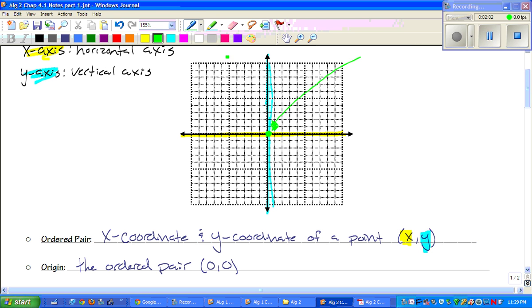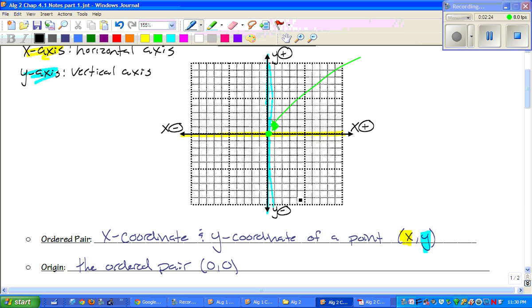Now, the points kind of tell us which direction to go. So when we move to the right, x is positive. If you move to the left, x is negative. Okay, and same thing with the y. When you move up, y is a positive number.